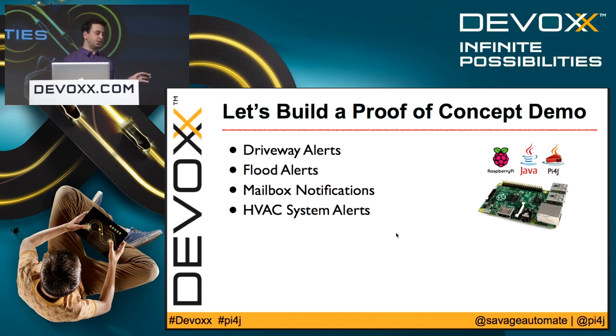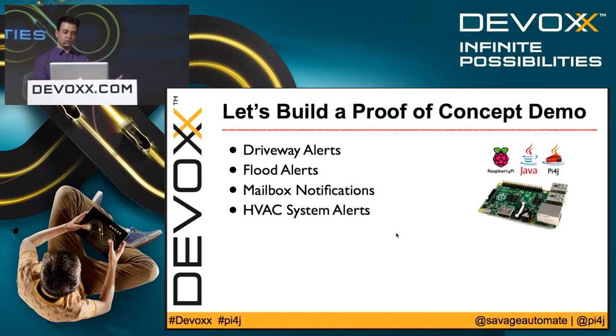So today for our demo, obviously we can't build all of that. Those are big lofty goals and dreams that I plan on implementing. But for our demo today, let's build a proof of concept. Let's just take some of the simpler ones that we can do with GPIO and implement our driveway alert, a flood alert for our basement, a mailbox notification when mail arrives, and an alert if the HVAC system has a problem.